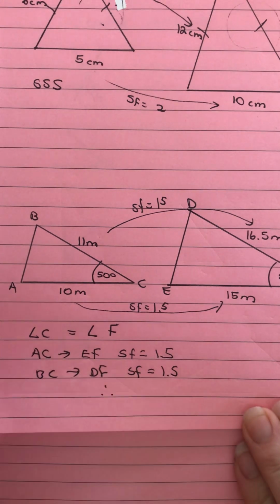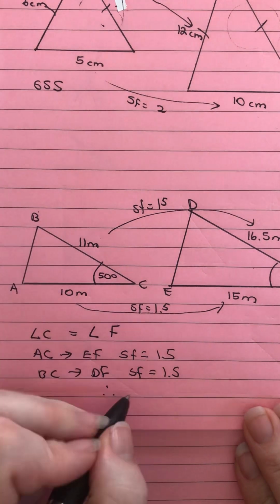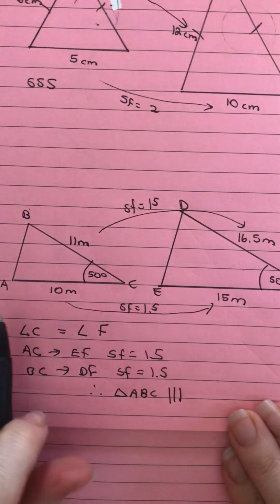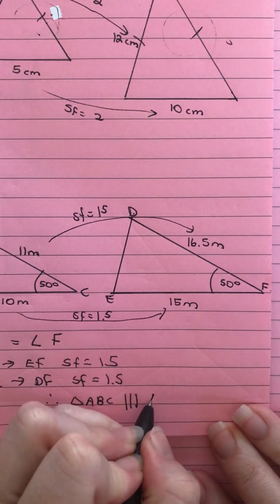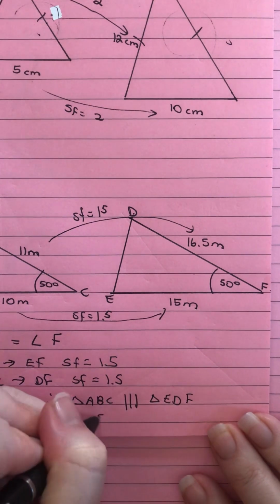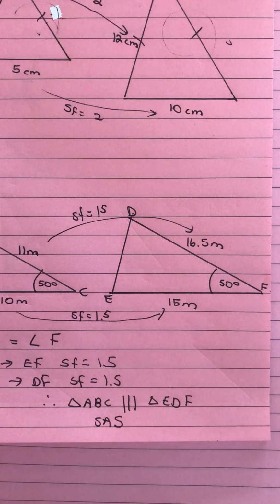So therefore, and this is where I need to be careful with my labeling, triangle ABC is similar to, and I need to label in the same order, so EDF this time, because of the side angle side. And as I said, if you were given the angles, that would be fairly obvious. The only trick they'll give you for that is if they only give you two of the angles and you've got to work out the third.